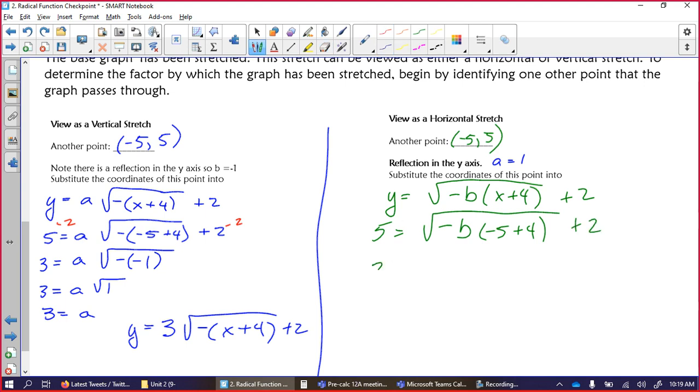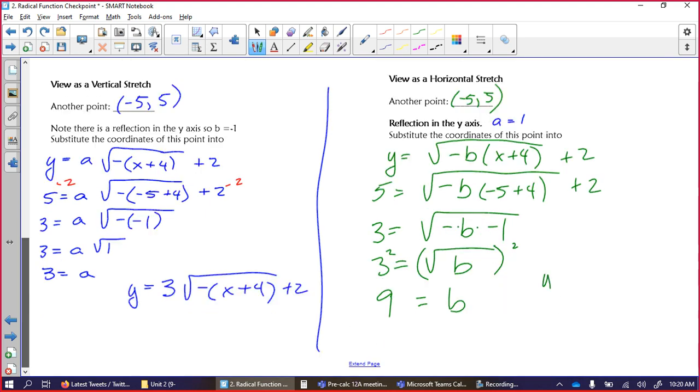I'll move the 2 over again. 3 equals the square root of negative 1 times b. Well, negative 5 times negative 5 plus 4 is negative 1. Negative 1 times negative 1 is 1. 3 equals the square root of b. Unwrapping, doing the inverse. B equals 9.